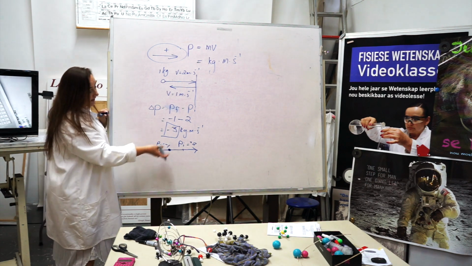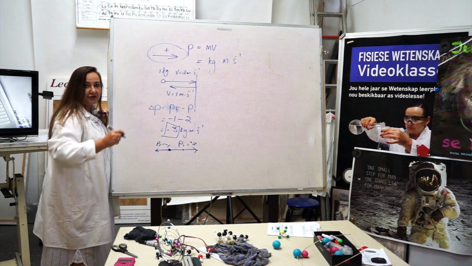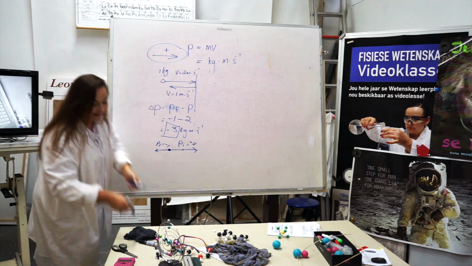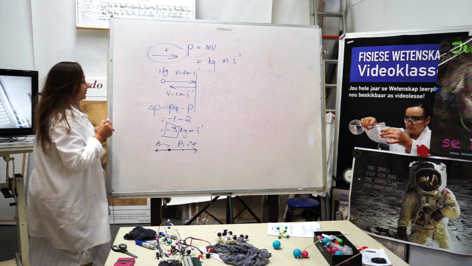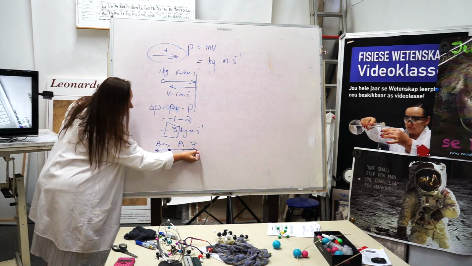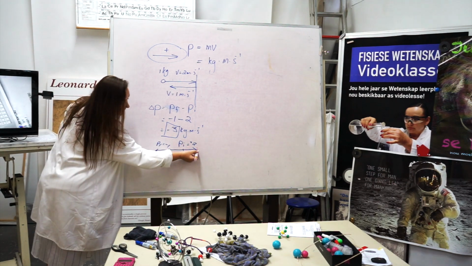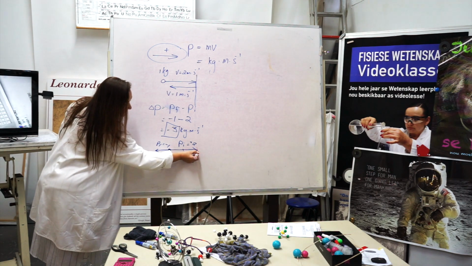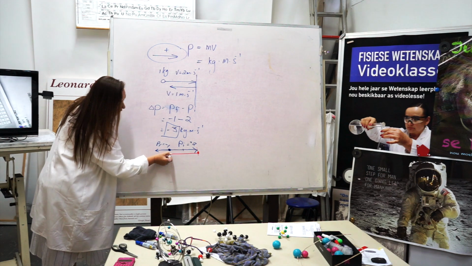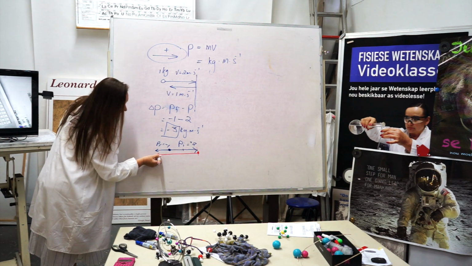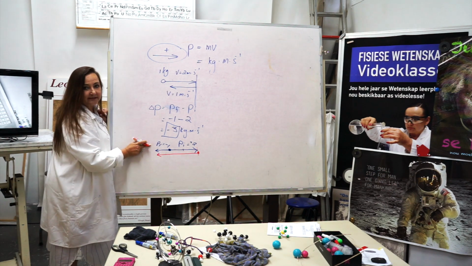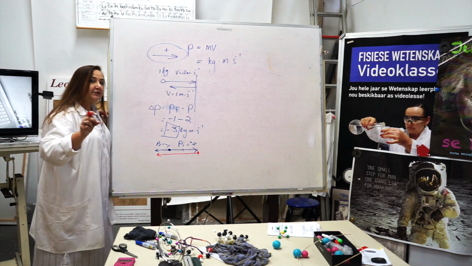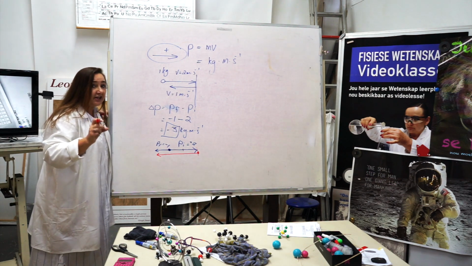So how do I now show the change in momentum? You're going to do it like this. You start from the end of the first momentum, the initial momentum, all the way to the end of the final momentum. And just to make sure that you drew it right, check yourself.